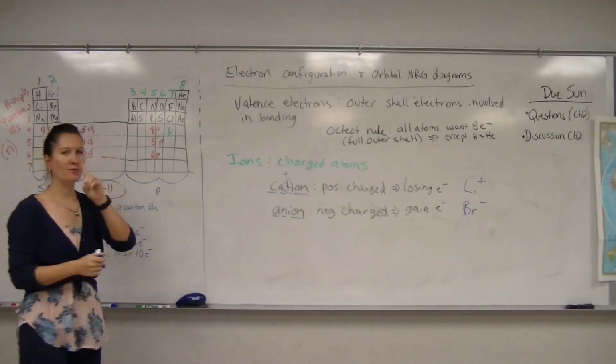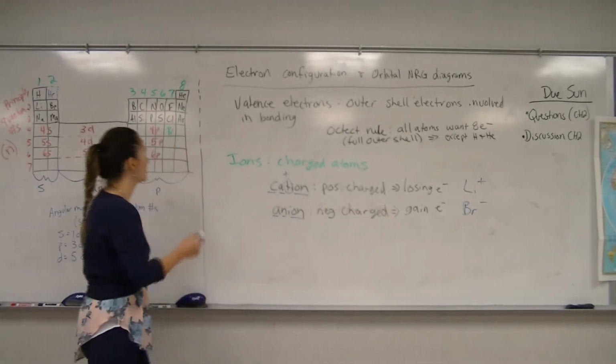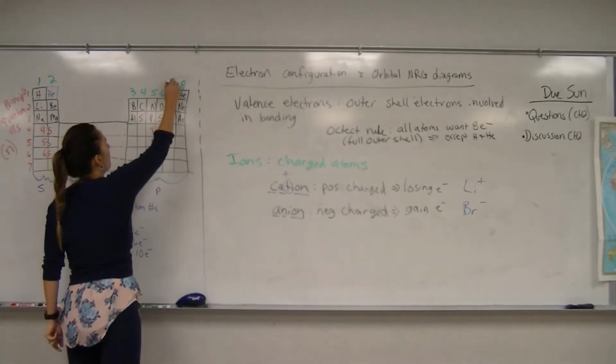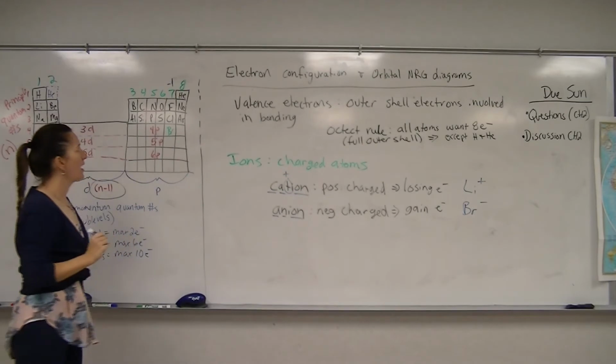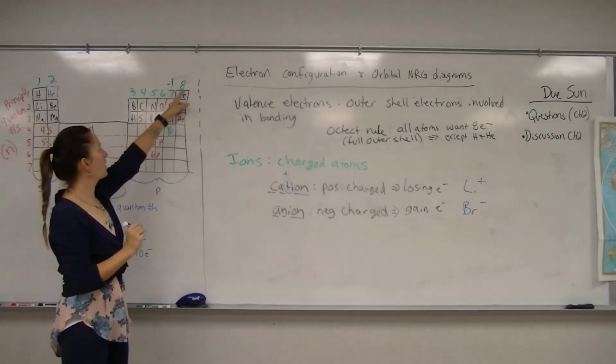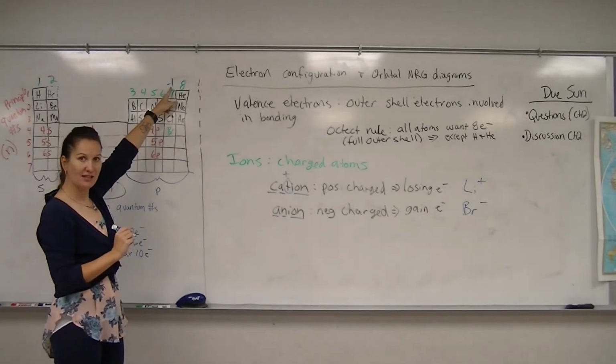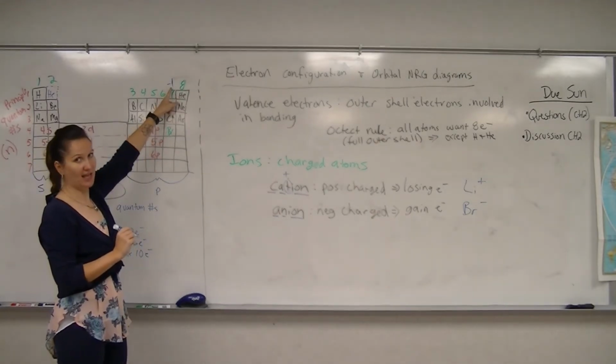So if you gain an electron, you're going to become negative. So all the halogens are going to form a -1 anion, because by gaining 1 electron to be like a noble gas, they will then have a negative charge due to that electron they gained.